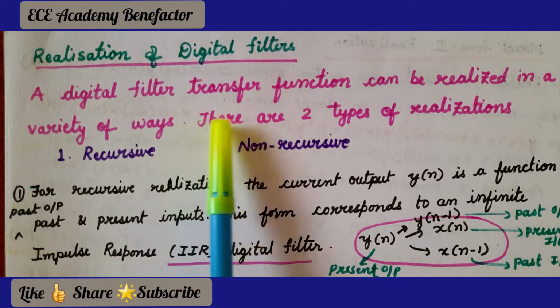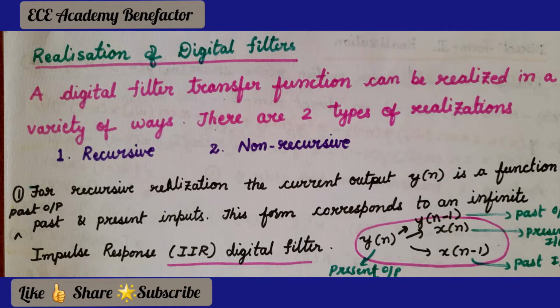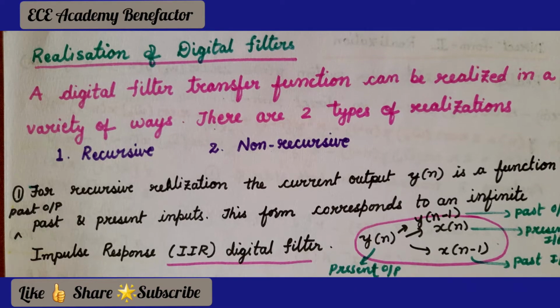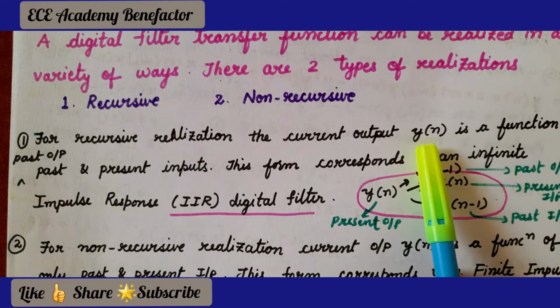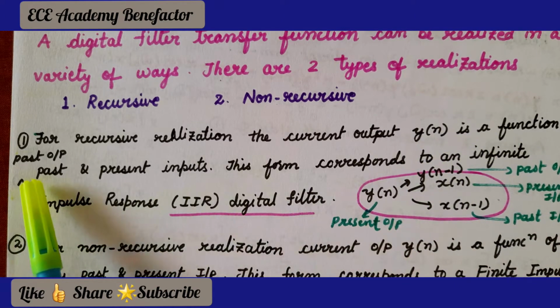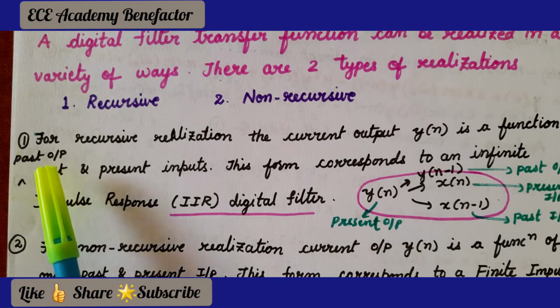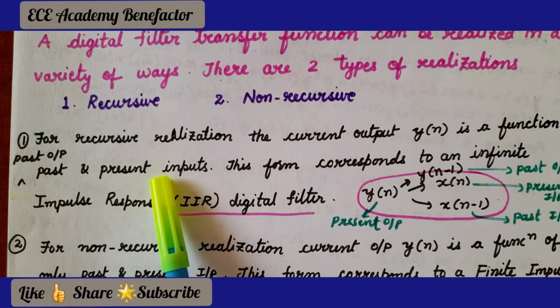A digital filter transfer function can be realized in a variety of ways. They are broadly classified into two types of realizations: recursive realization and non-recursive realization. For recursive realization, the current output y of n is a function of past output, past and present inputs.